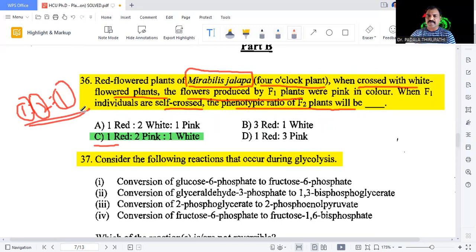This is the best example of incomplete dominance, which the Mendelian principle is not able to explain.